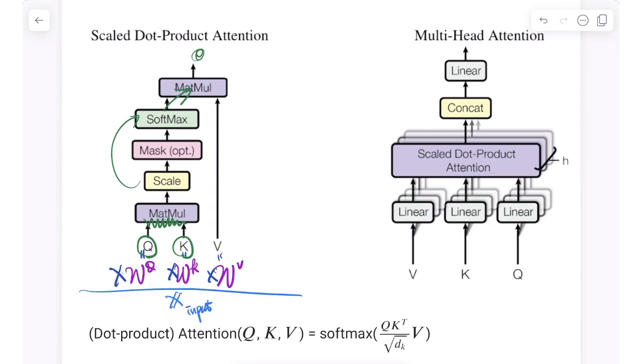Okay, again, let's say it again. We have an input. We transform it into three different spaces, which are Q, K and V. And if Q and K are very similar, we output a certain matrix. 1 means there are some items in these vectors that are very similar. 0 means there are some items in these two vectors that are not similar.